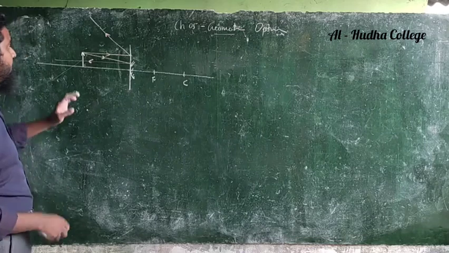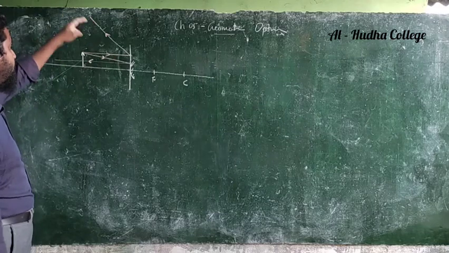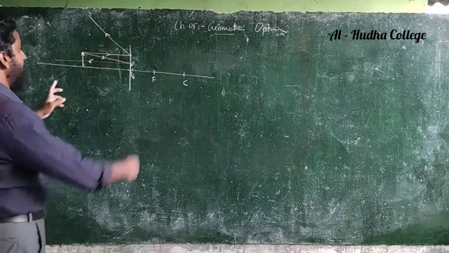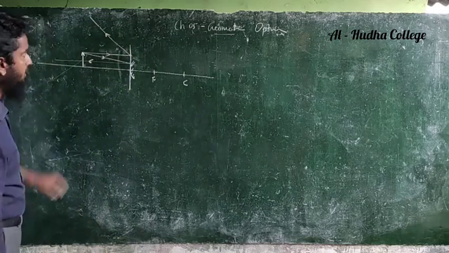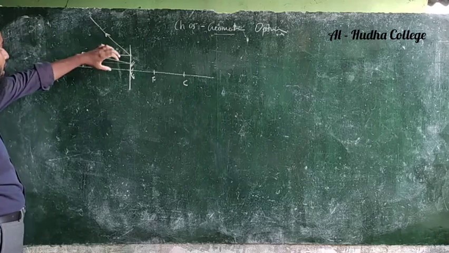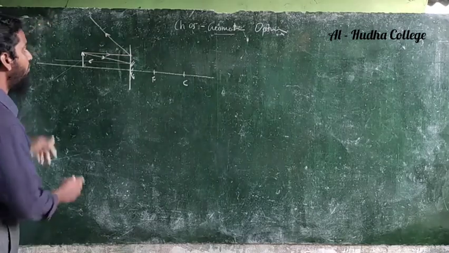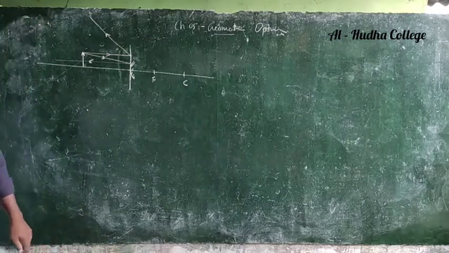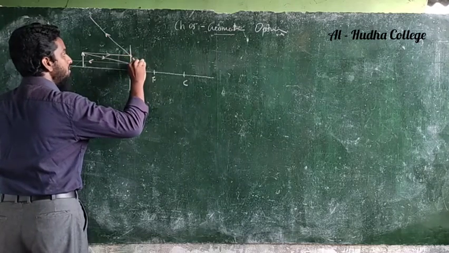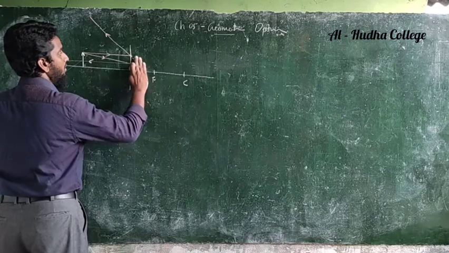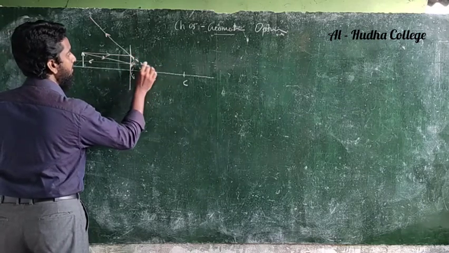Now think about the reflected rays. This reflected ray is going in this way, and this reflected ray is going in this way. These two rays are not going to meet on this side. So to find the image, we can join these two lines not on that side but on this side.